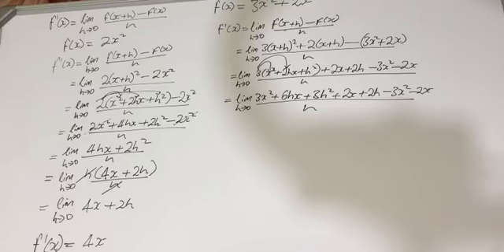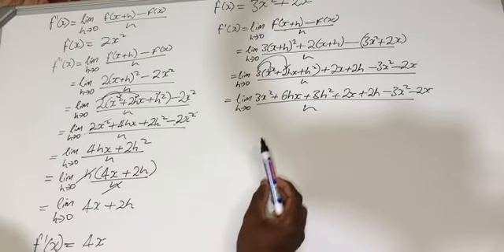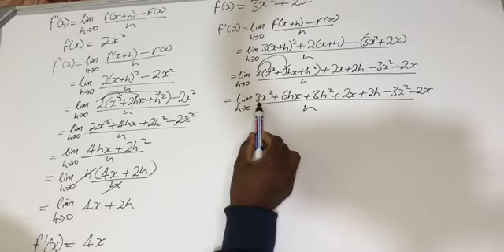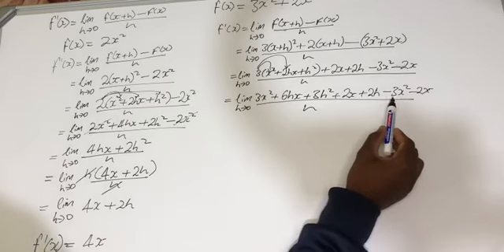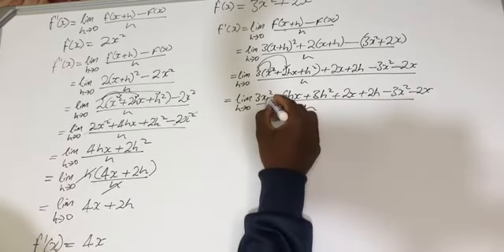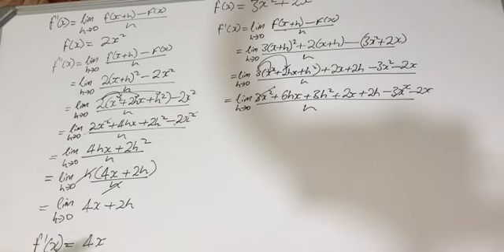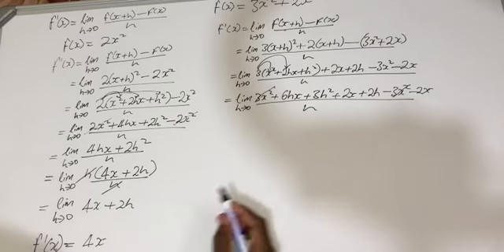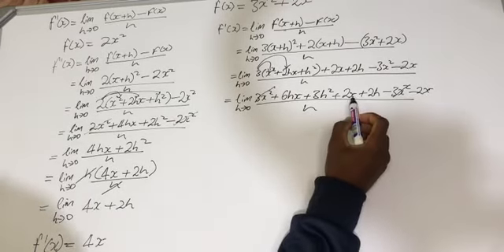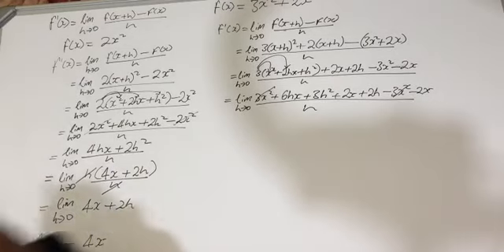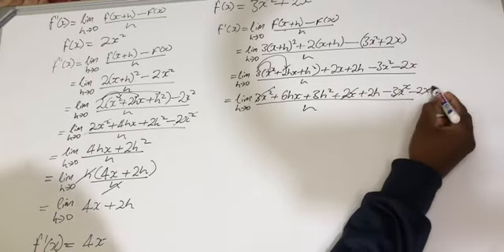And then one can realize that 3x squared is positive here and 3x squared is negative here. So these two can cancel. So 3x squared can cancel that negative 3x squared. And also here your 2x is positive, your 2x is negative there. So you're allowed to cancel these.